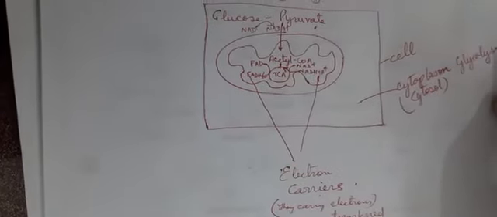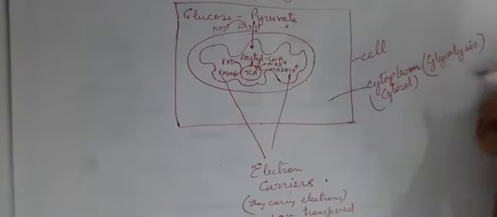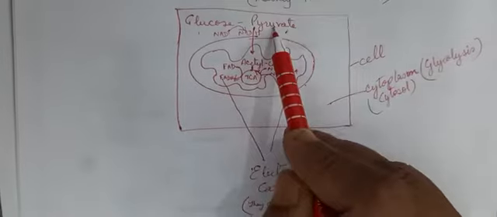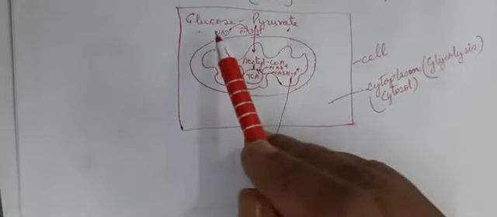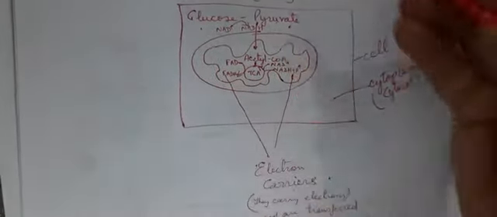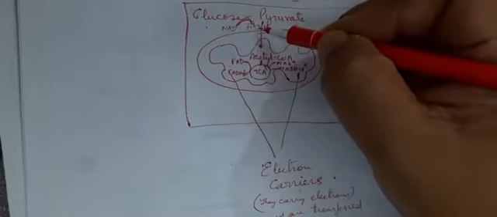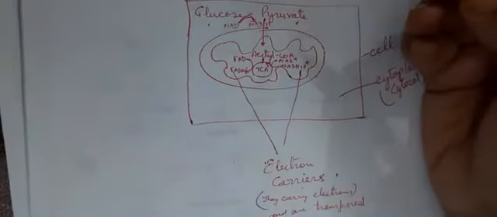In the cytosol we have seen the glycolysis process takes place, and in glycolysis glucose is converted to pyruvate, and in the conversion of glucose to pyruvate, we have seen NAD gets reduced to NADH2.